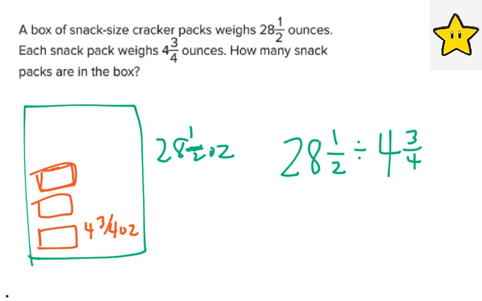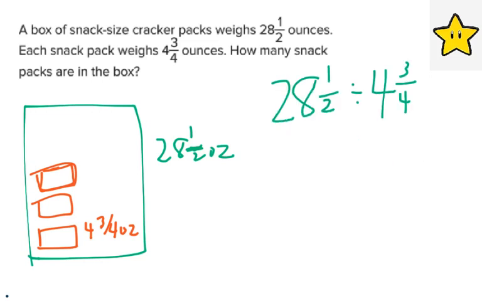Okay, so now that we have our problem written out, we're going to go ahead and solve it. So I have mixed numbers here, but of course we remember that we can't leave them as mixed numbers. We have to change them to improper fractions when we're trying to divide or multiply. So I'm going to go ahead and change these mixed numbers to improper fractions. So remember, we have to multiply the whole number by the denominator.